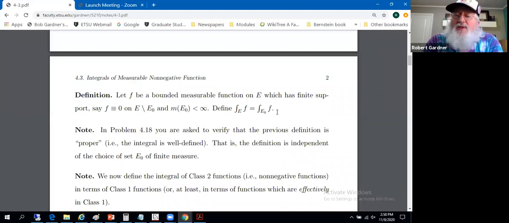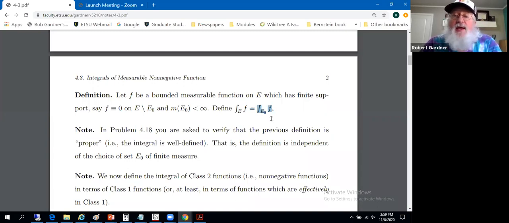What's happening here is on the right-hand side, E sub 0 has finite measure. So on the right-hand side, this is defined from the previous section. This particular integral concerns on set E sub 0 a bounded function on a set of finite measure. So the right-hand side, that's class 1 functions and class 1 integrals, bounded functions on set of finite measure.